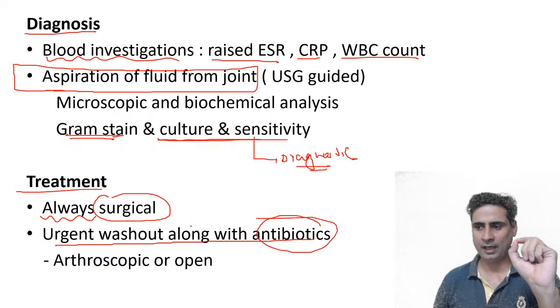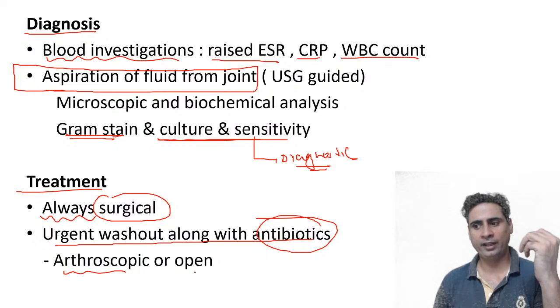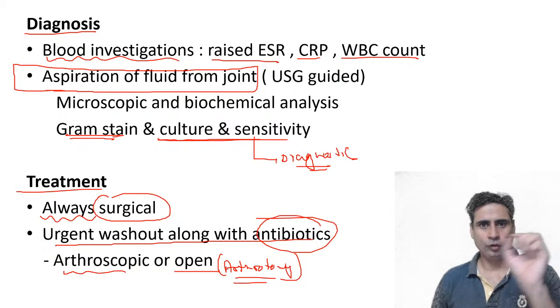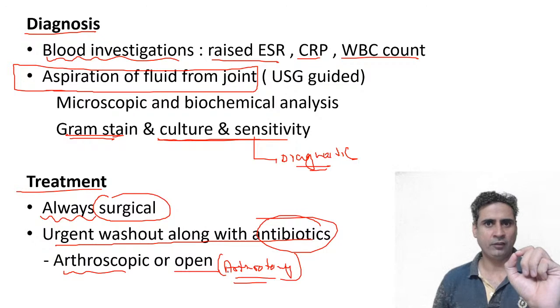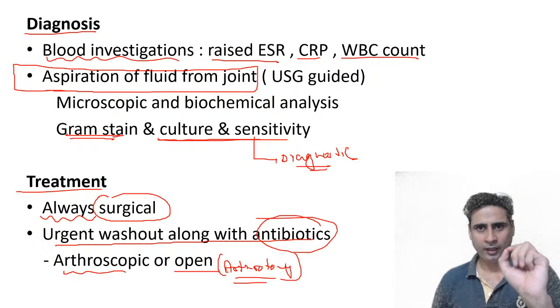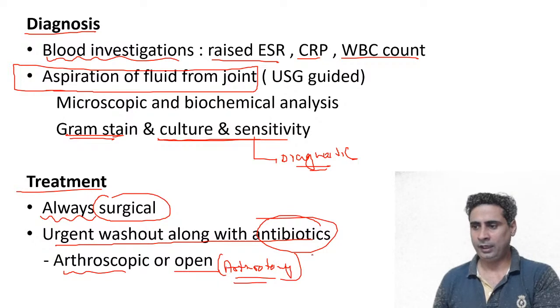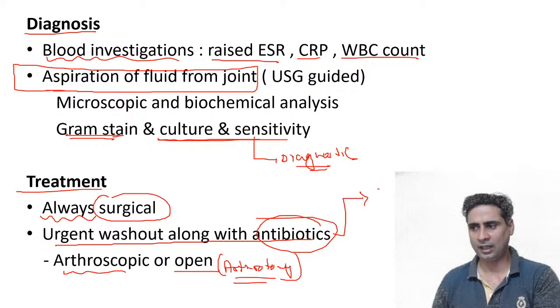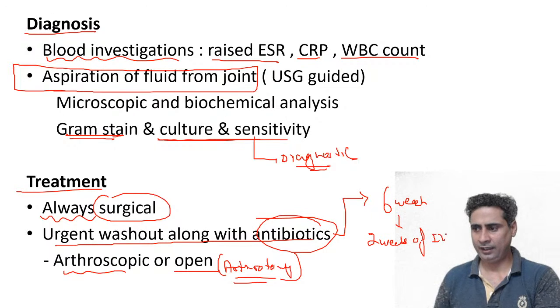Now this washout can be either arthroscopic or open, that is through arthrotomy, opening the joint. So surgical treatment is always required in septic arthritis, drainage and washout of the joint. And antibiotics both in acute osteomyelitis and septic arthritis are usually given for 6 weeks, 2 weeks of IV antibiotics followed by 4 weeks of oral antibiotics.